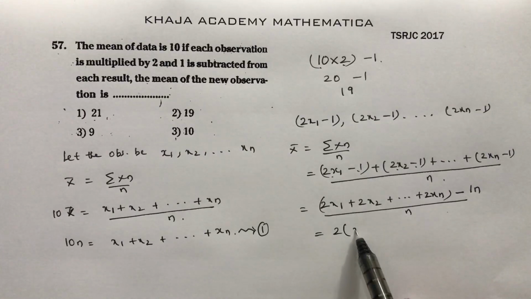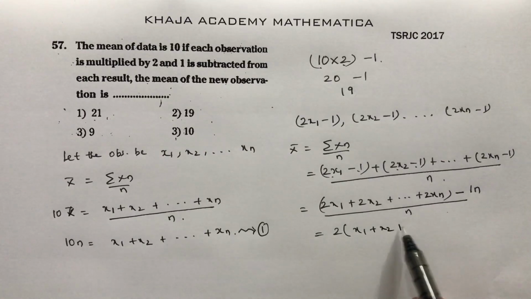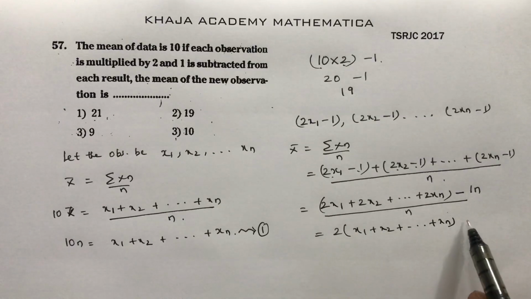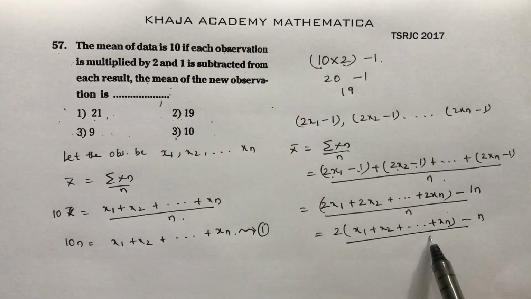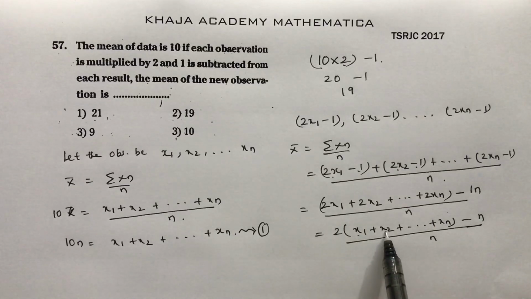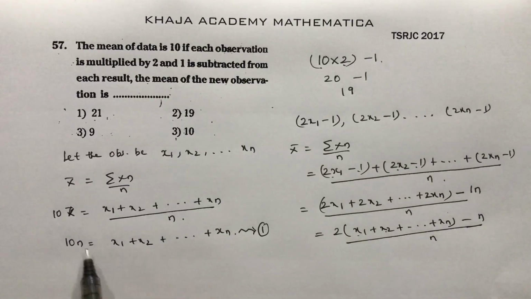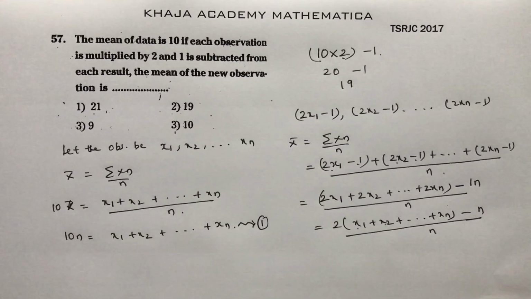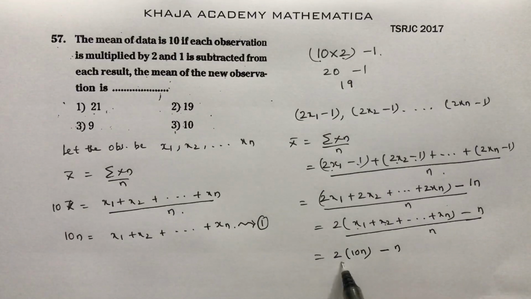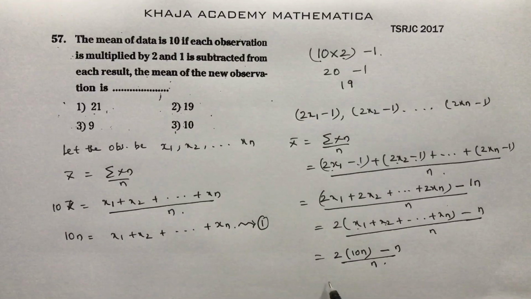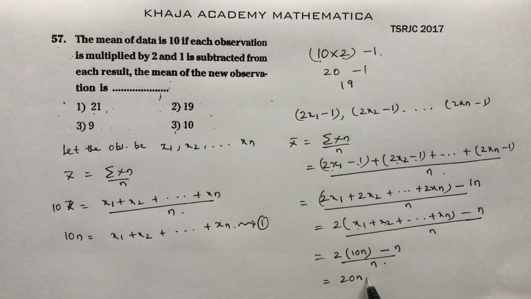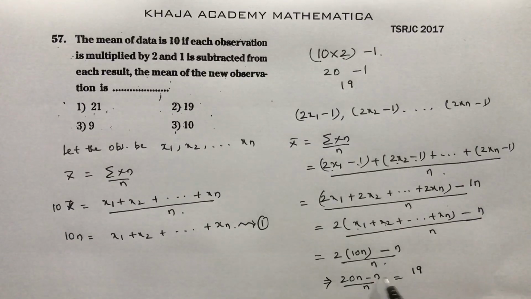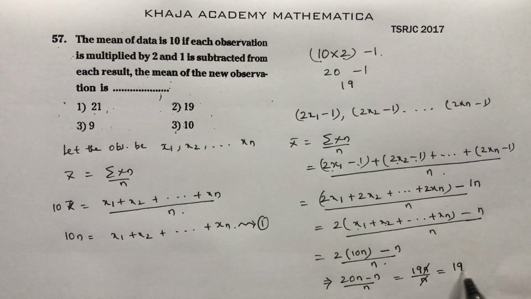Taking 2 common, (x1 plus x2 plus so on xn) minus n by n. The value of x1 plus x2 plus so on xn is 10n. Substituting, 2 times 10n minus n by n, so 20n minus n by n, that is 19n by n. The n gets cancelled. So the answer is 19.